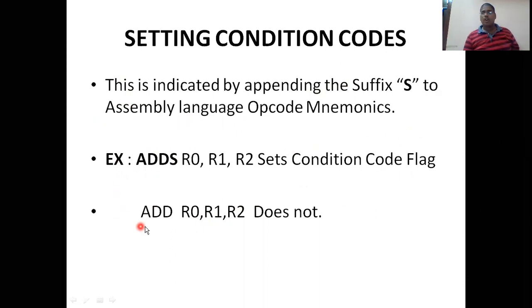If you use normal ADD, it is not going to set the conditional code flags though the particular condition is met. That means if I use general ADD, the zero flag is not going to be enabled though the answer is 0, and the sign flag is not going to be enabled though the answer is negative. Are you clear? That is the concept.